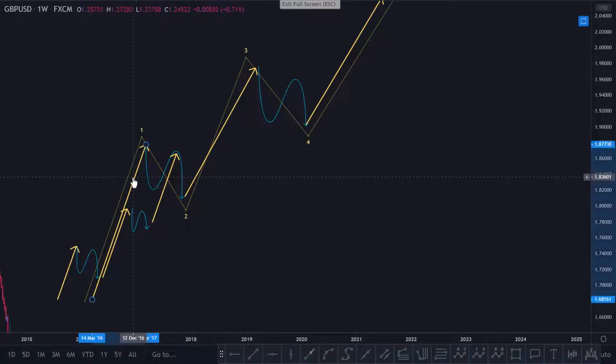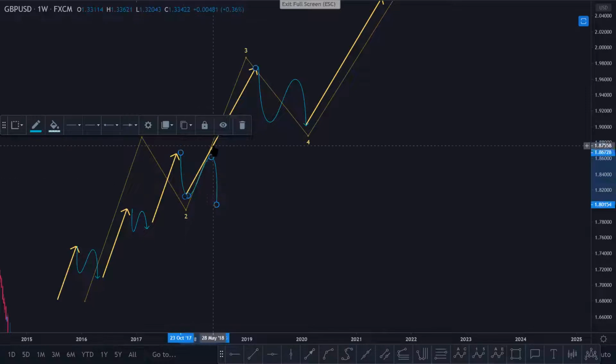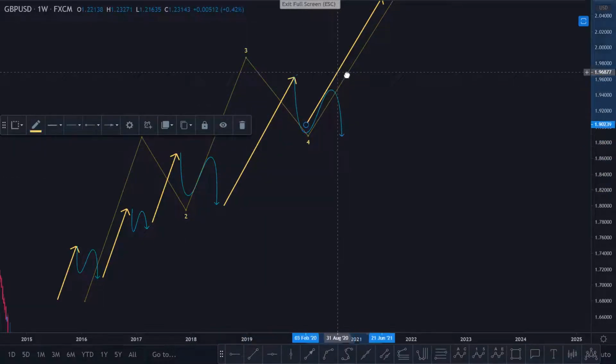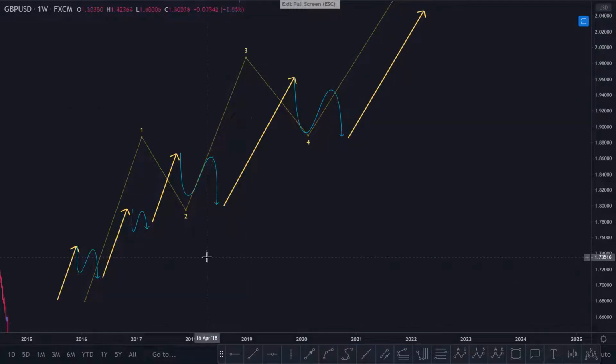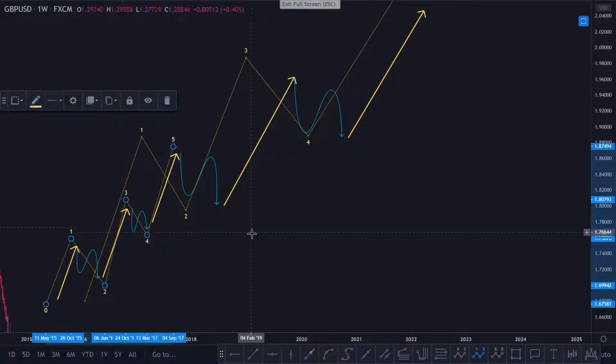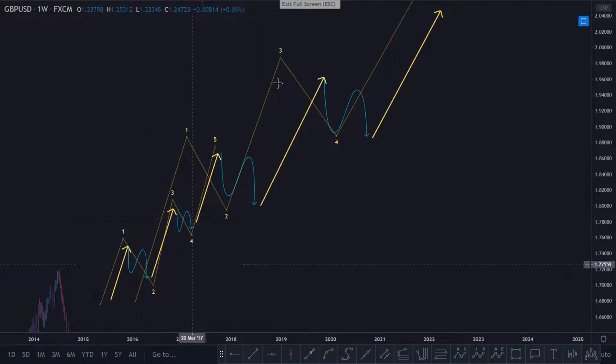So this impulse is actually broken down, or can be broken down, into its own structure on the lower time frames. So this itself becomes a 1, 2, 3, 4, 5. So we have 5 waves up on a smaller time frame, and on the larger time frame, you'll see it's also 1, 2, 3, 4, 5.